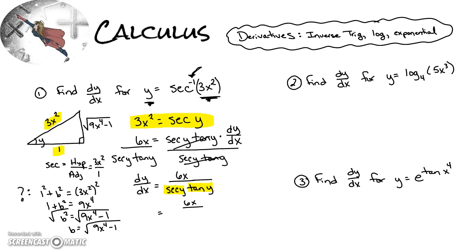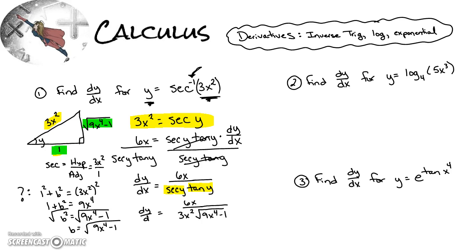So the secant of y is just 3x squared. Now the tangent of y is opposite over adjacent. So that's just going to be the radical of 9x to the 4th minus 1. Because the adjacent is just a 1, so we don't have to write that. So that is our final answer for dy dx for this problem.